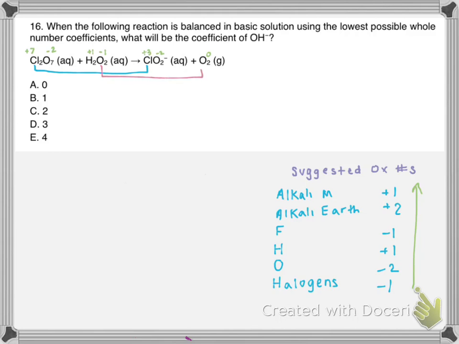Okay, so now we can split into half reactions. So first up, we can take our blue reaction, where we have Cl2O7 being converted to ClO2-.